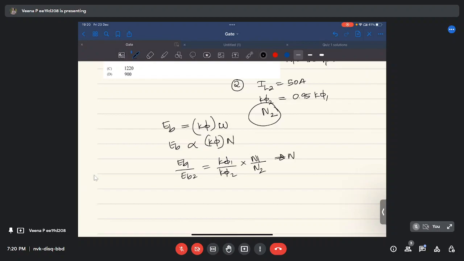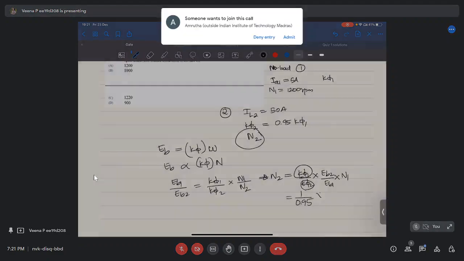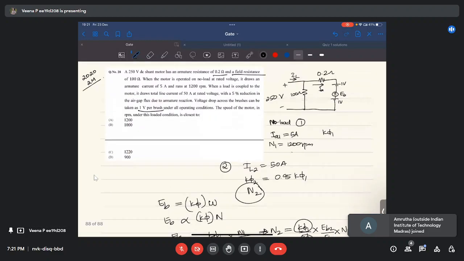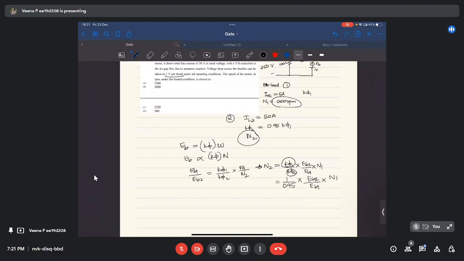So from here, N2 is K phi 1 by K phi 2 times EB2 by EB1 times N1. Now K phi 2 is 0.95 times K phi 1, and N1 we know is 1200 RPM. But we don't know EB2 and EB1, so we have to find the back EMFs in both the cases.